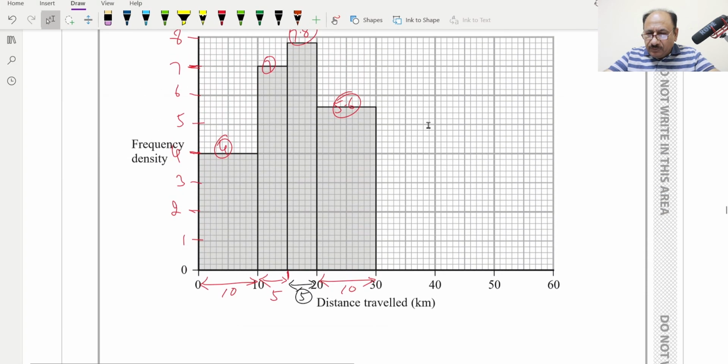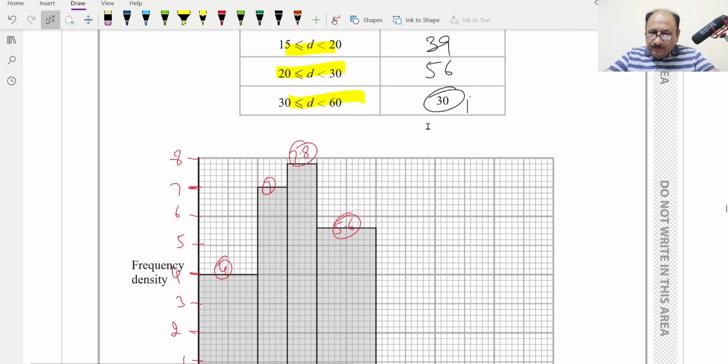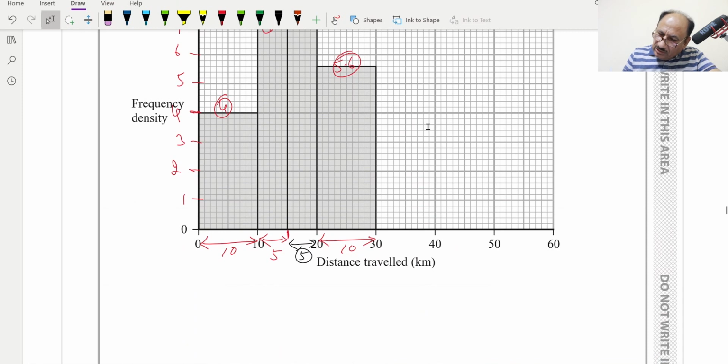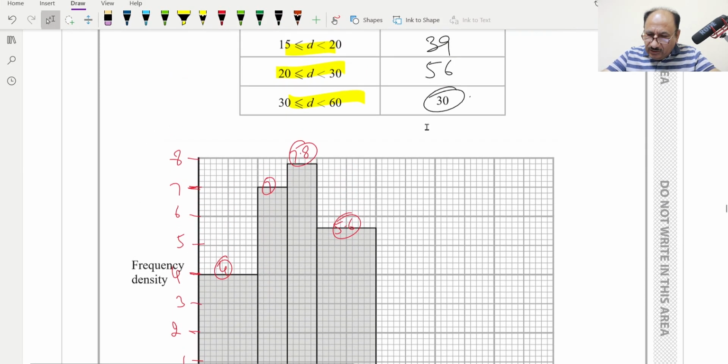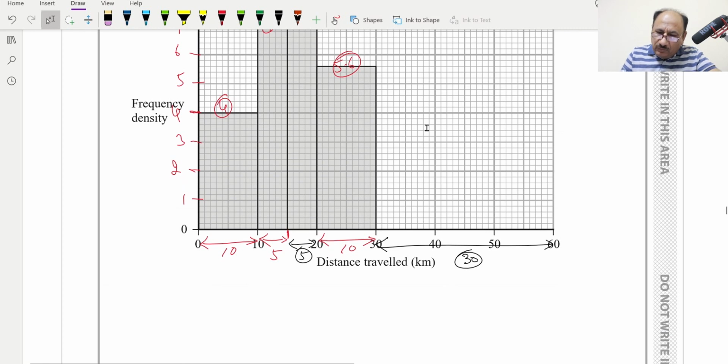We have to basically complete the last bar, which is 30 to 60. So 30 to 60 will be this width, and this side is 30, and 30 multiplied by what will be 30, so it should be 1. So 1 will be over here, and this will be the histogram, and we can shade it like this. This is the bar which we are showing over here.